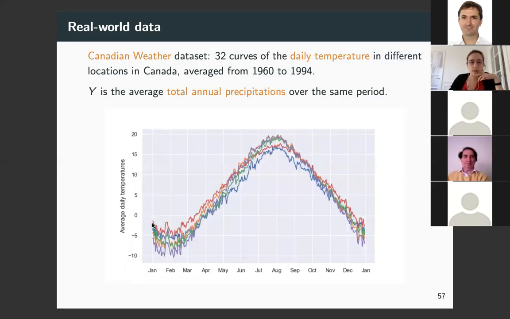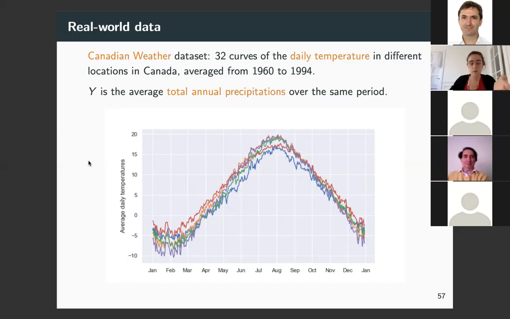Here, this is a quite easy data set. This is the temperature in different locations in Canada. And I want, from the profile of the temperature of the year, to predict the total annual precipitations. So y is just a real number, and I observe the whole curve of temperatures over different locations.